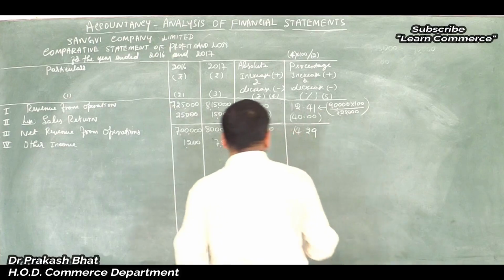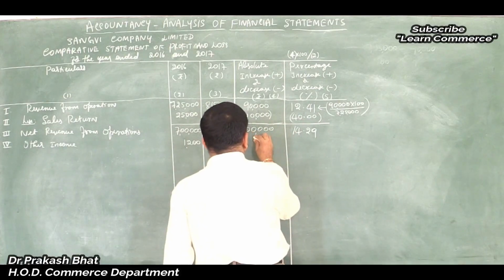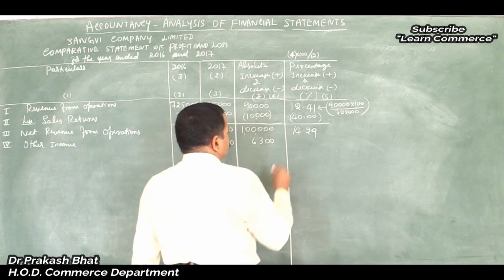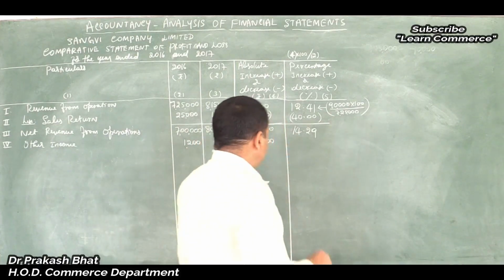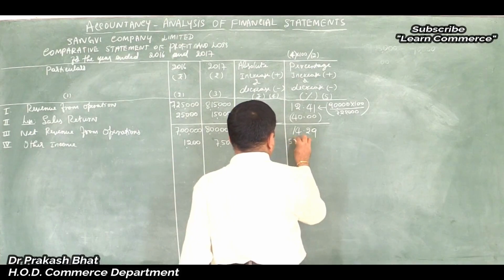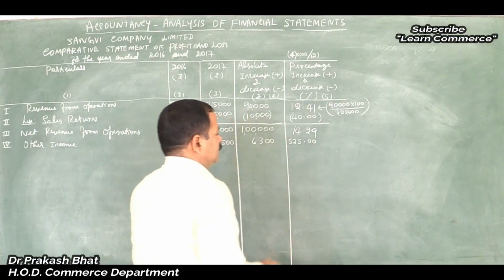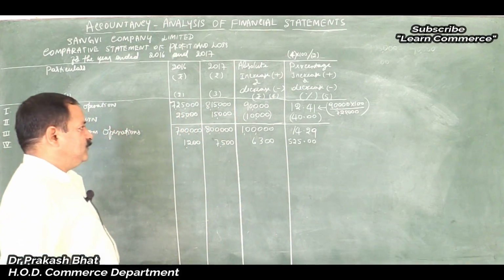Here 6,300, and write like this, 525%, right?